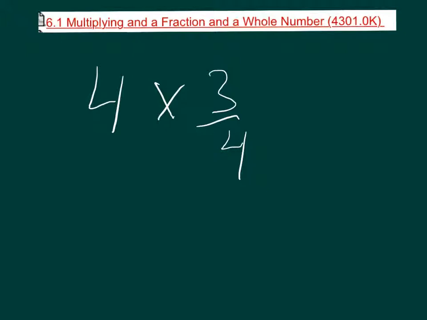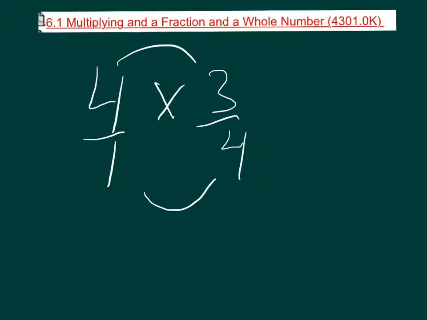Alright, Karen, so I assume you tried to do the rule, so let's see how you did. So 4 as a fraction is 4 over 1 because 4 divided by 1 is 4. Once you've done that, all you have to do is multiply the numerators and then the denominators, and that's your answer.